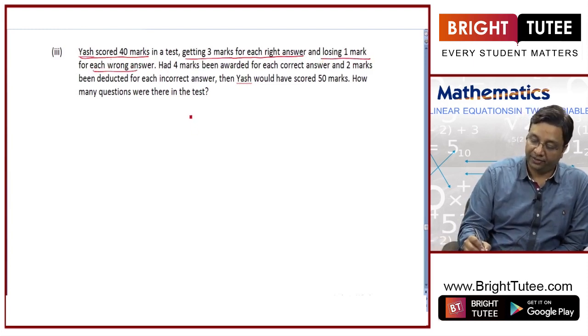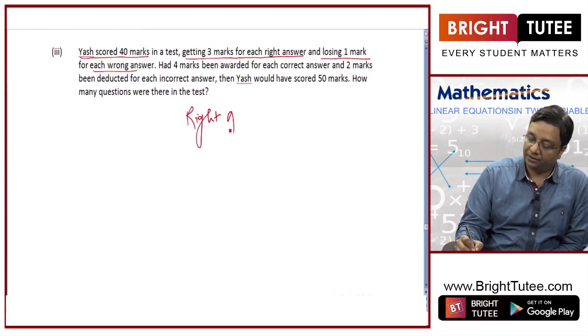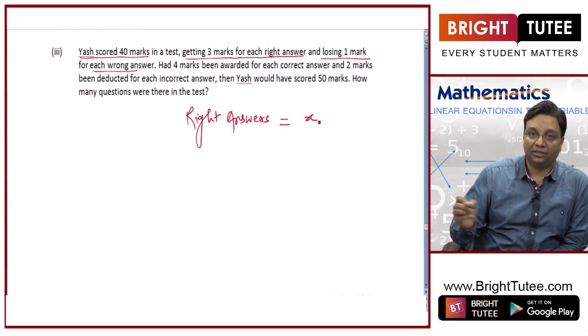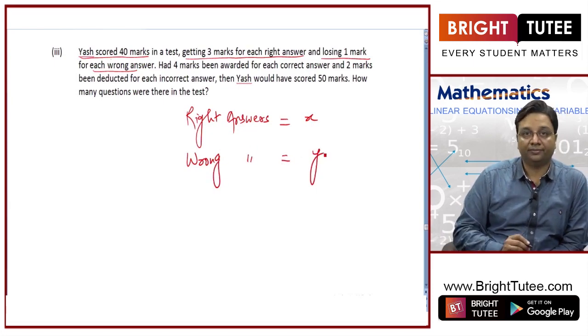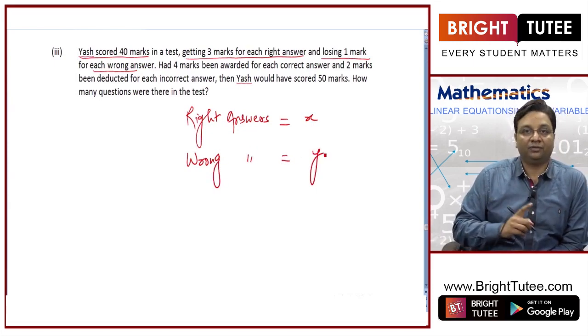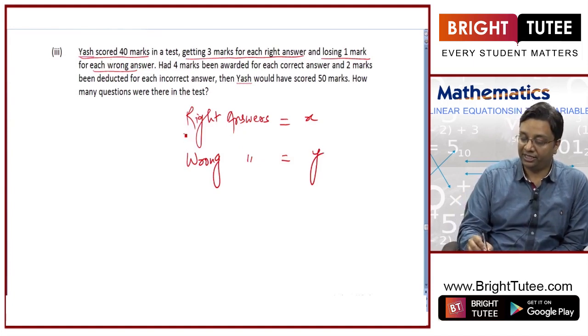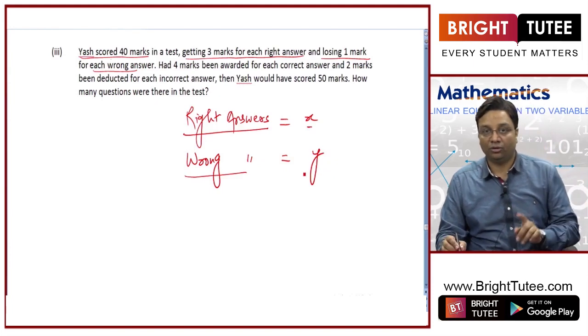Let us say he answered x questions right and wrong answers for y questions. So there were total x plus y questions, right, out of which he answered x questions right and y questions wrong.